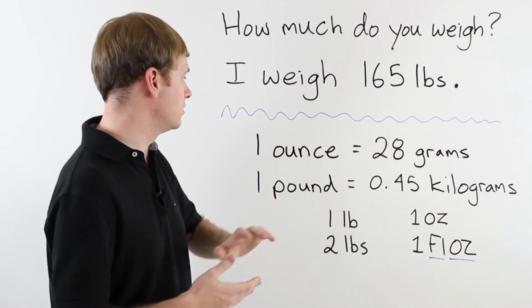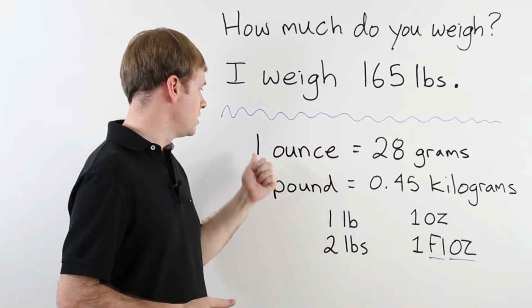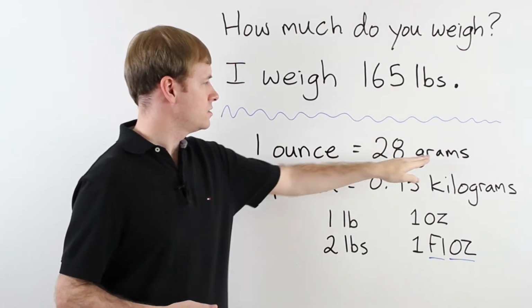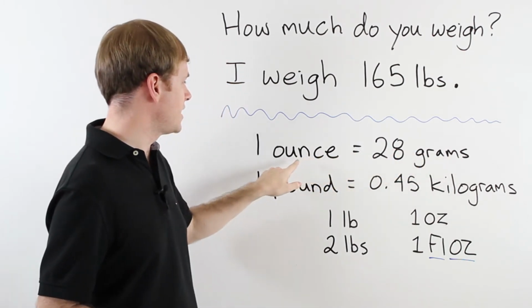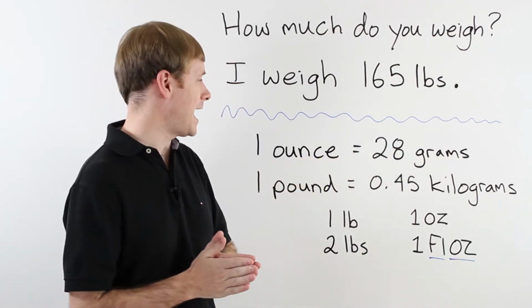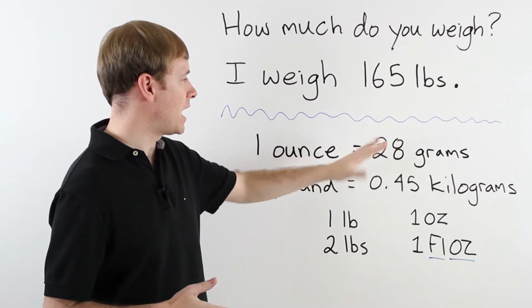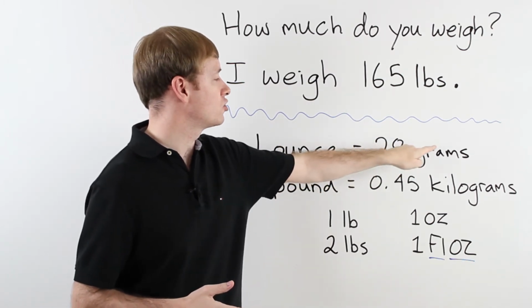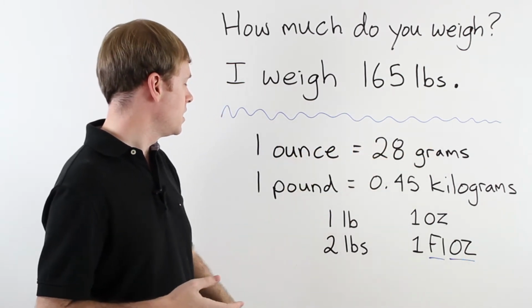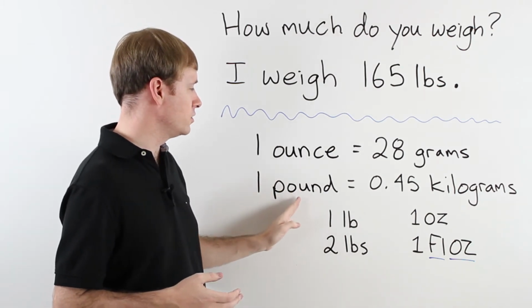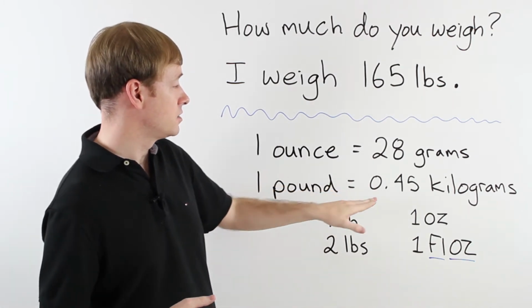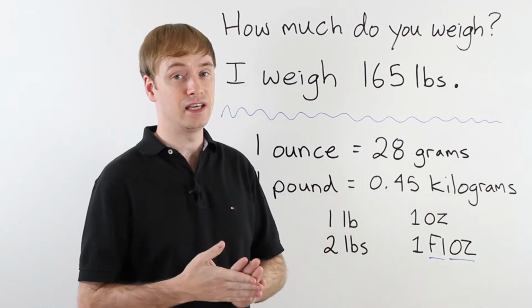Okay, so let's take a look at the two systems. So again, in the metric we use grams, they're going to use ounces. So 1 ounce is about 28 grams, okay? And 1 pound is about 0.45 kilograms.